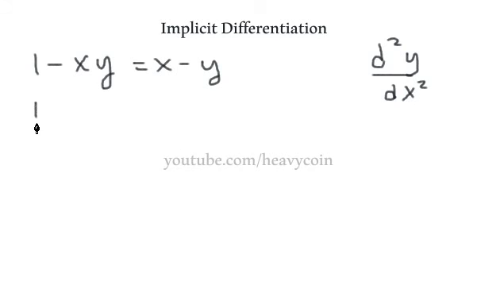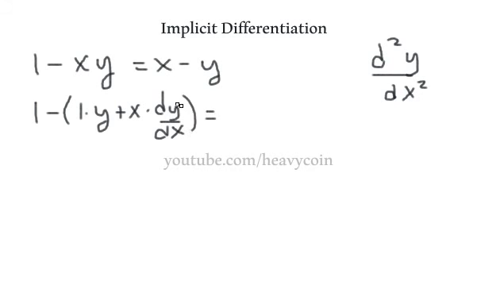So let's do that. 1 minus, I'm going to start a parentheses here, derivative of x is 1 times y plus x times derivative of y. I'm not going to write a 1 here. Instead, I'm just going to write the dy over dx. Alright, this is equal to the derivative of x is 1 minus derivative of y is 1, except don't forget you've got to write the dy dx.